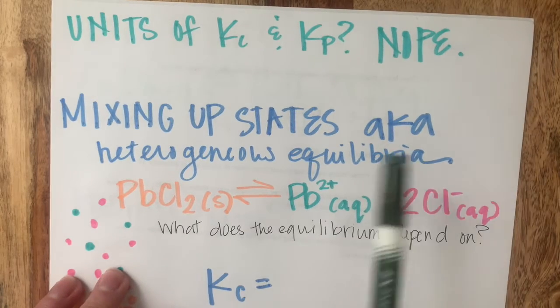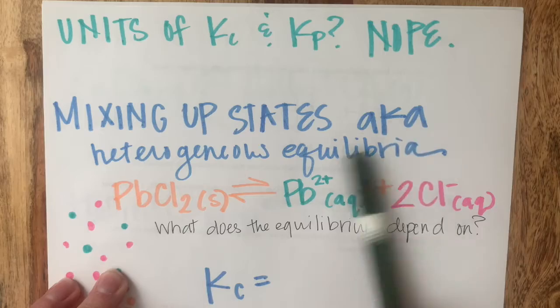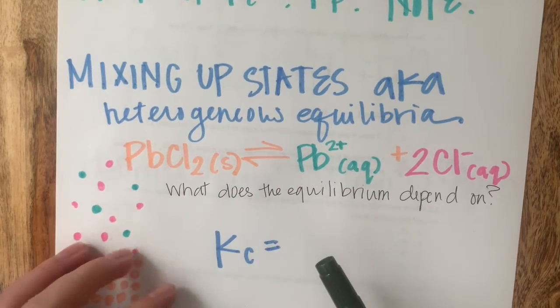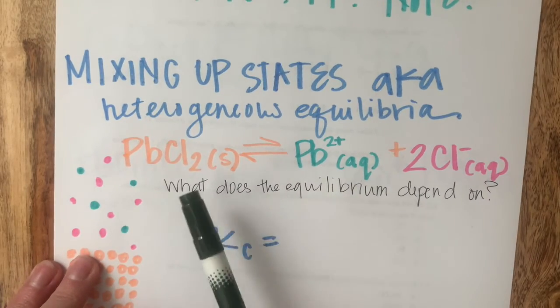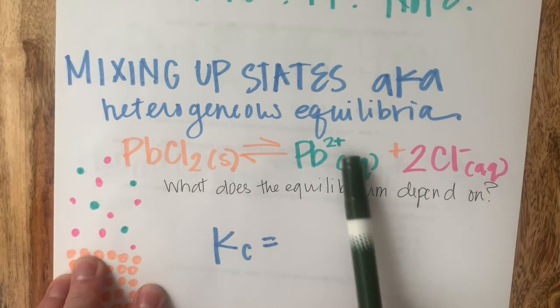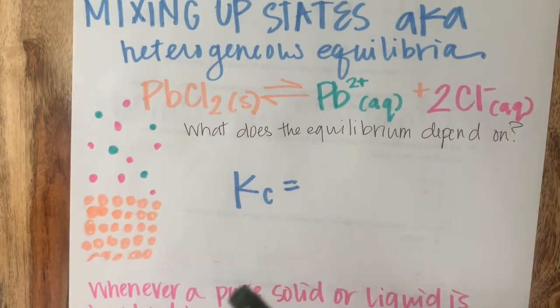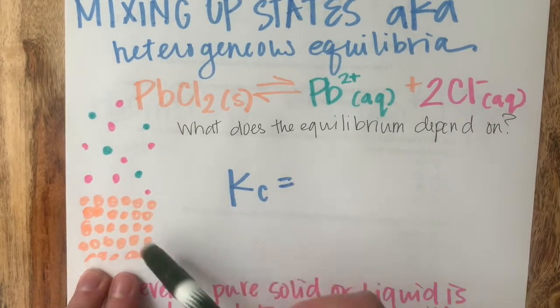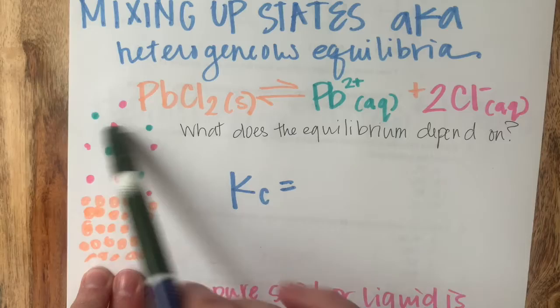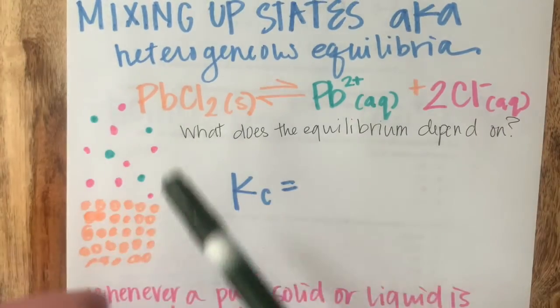All right, last part of this, if you're going to mix up some states. So far we've had only gas stuff or only aqueous stuff. Here we have a problem with some solid lead 2 chloride becoming lead 2 ions and chloride ions. What does the equilibrium depend on? So I made a little picture here. We have this solid, and then we have all this stuff bouncing back and forth. And according to our collision theory, reactions happen when things collide, right?